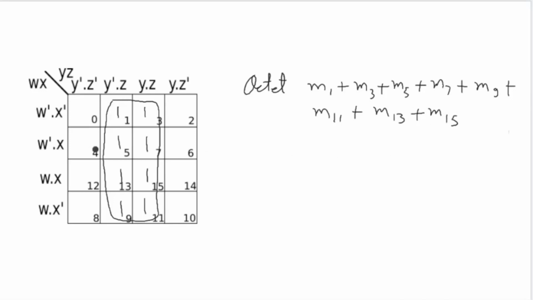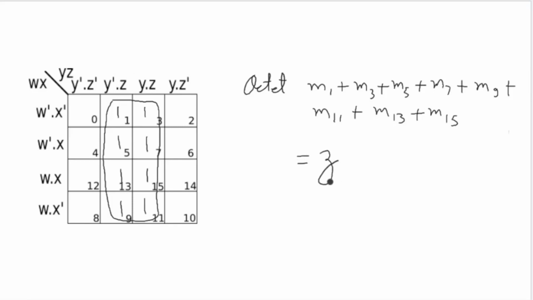And if you notice over here, on the vertical axis, both the variables, that is W as well as X, are changing state. But on the horizontal axis, only Y is changing state, Z remains the same. Hence Y will be dropped and Z will be retained. So this will reduce to Z.